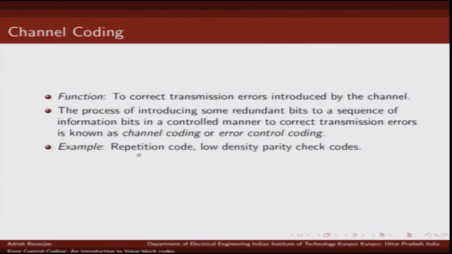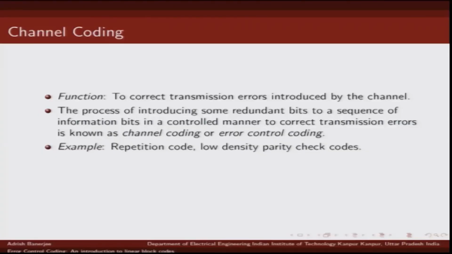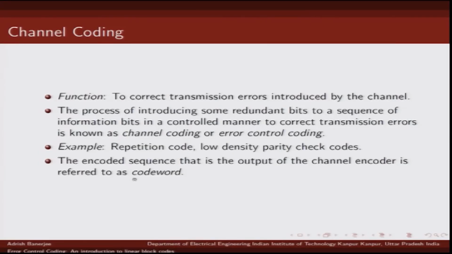In the last lecture, I already gave an example of a very simple code, the repetition code. Throughout this course, we are going to talk about some other examples of error correcting codes. We use the term code word to denote the encoded sequence out of the channel encoder.